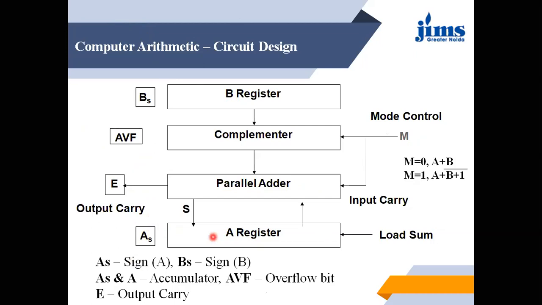AS represents the sign bit of number A. BS represents the sign bit of number B. And if the value in AVF is 1, then it is overflow. So this is the concept behind the circuit design.